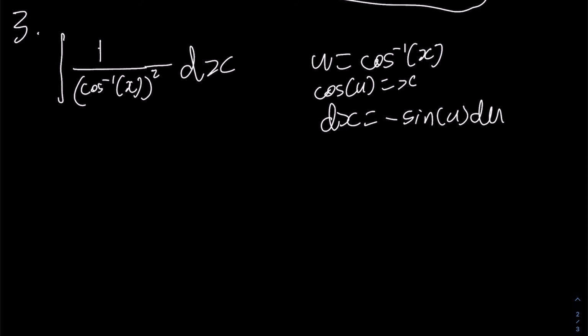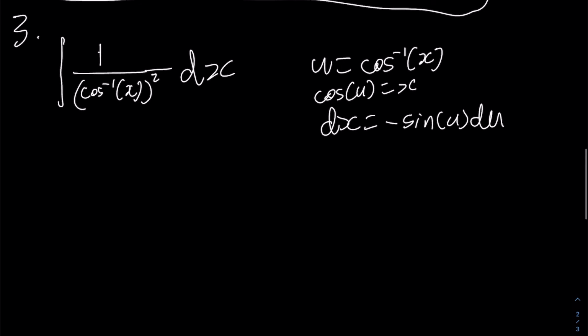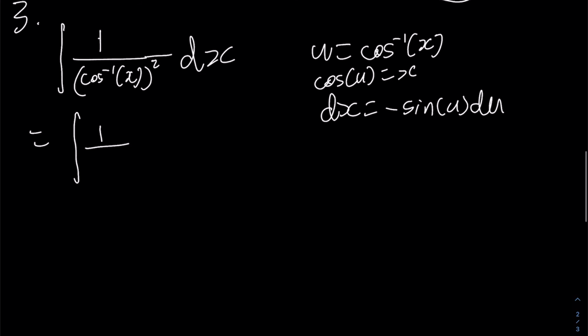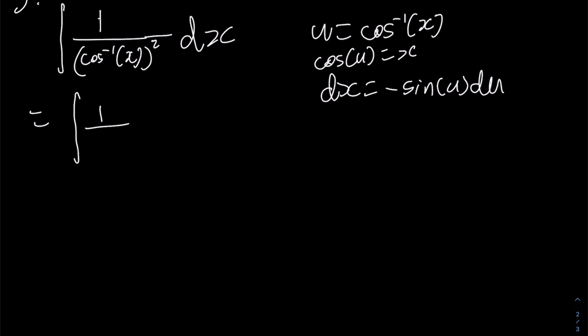So what we can now see is that taking this to the u world, we have the integral of 1 over u squared, and our dx is negative sine of u du, so we take the negative out here and we just have sine u du.